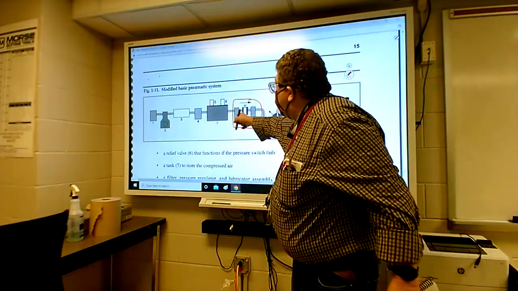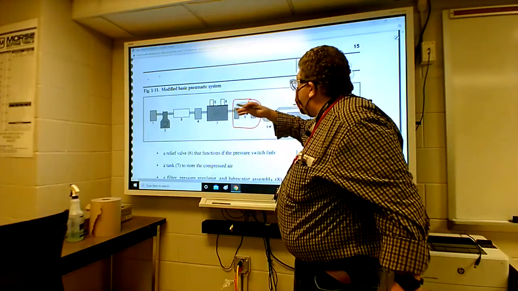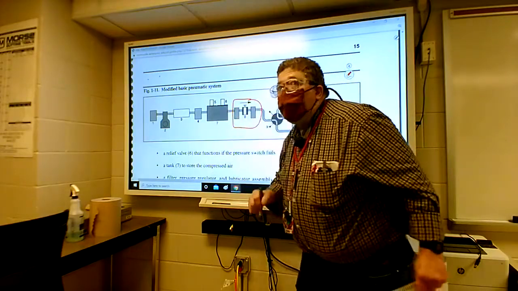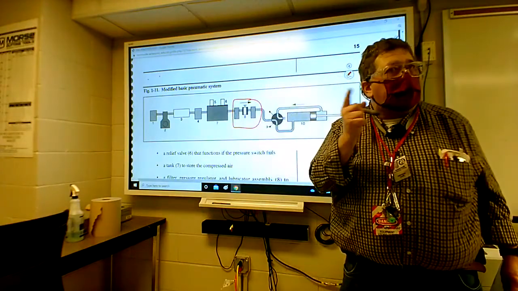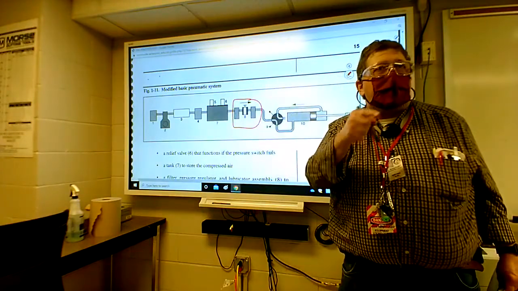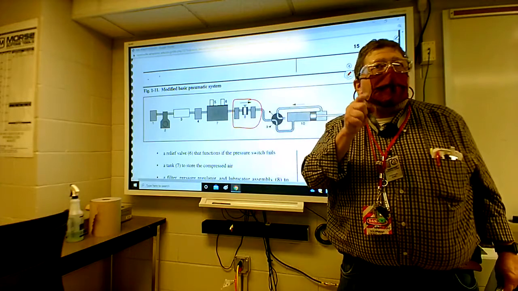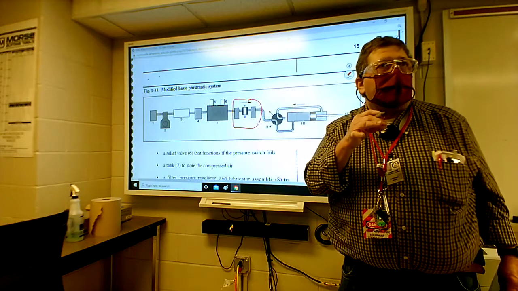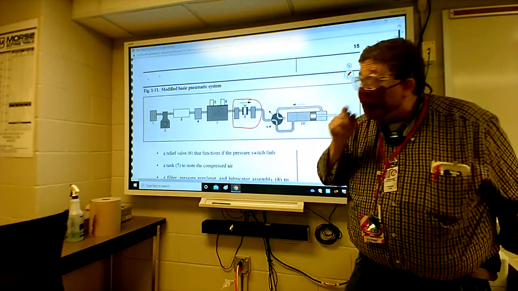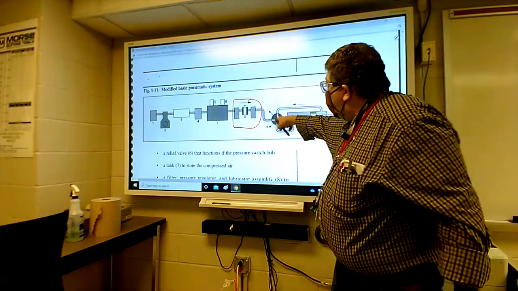So it cleans it again, regulates the pressure to a certain PSI, and then it puts a little drip rate of oil back in it just after it cleans it. So it cleans that oil up, gets it to a target pressure, and then it gives you a little of that clean, nice, clean pneumatic oil that's good for them seals, just a little bit. And then here we have what?